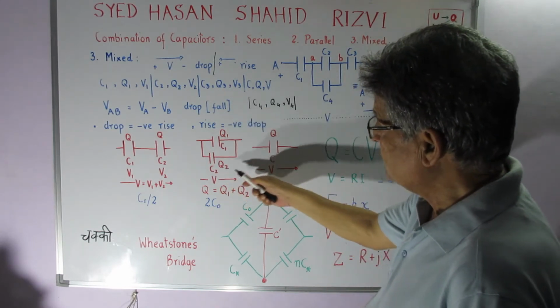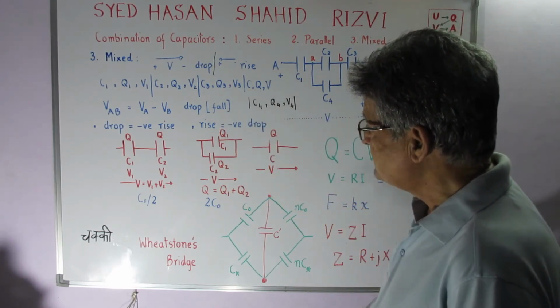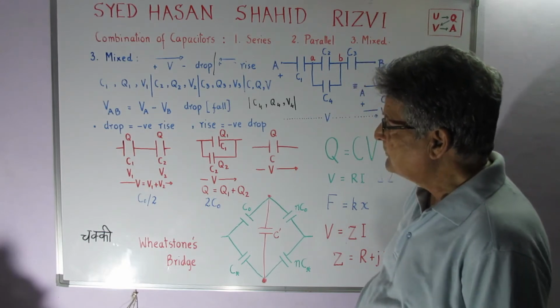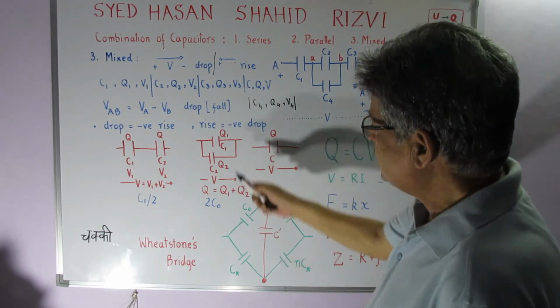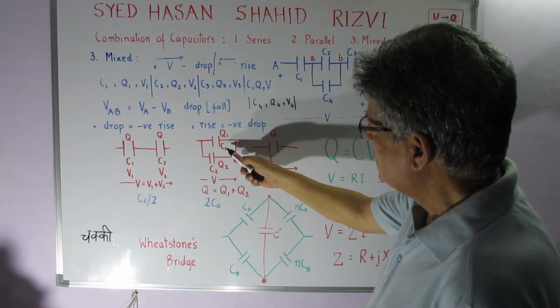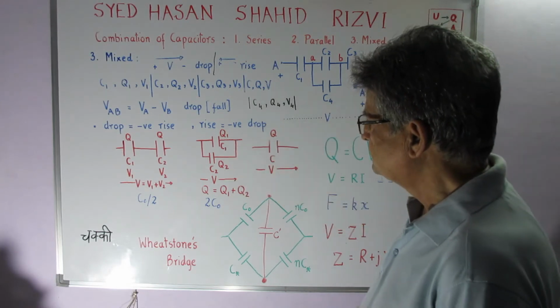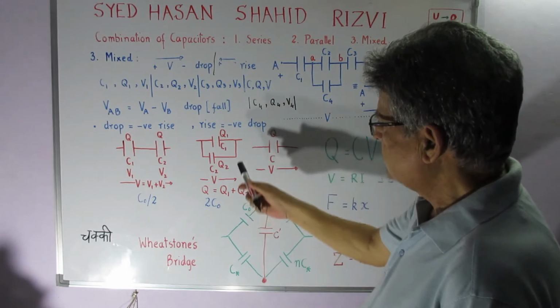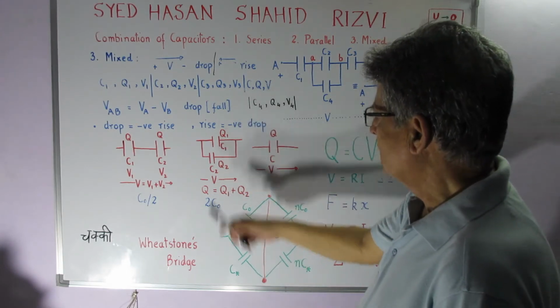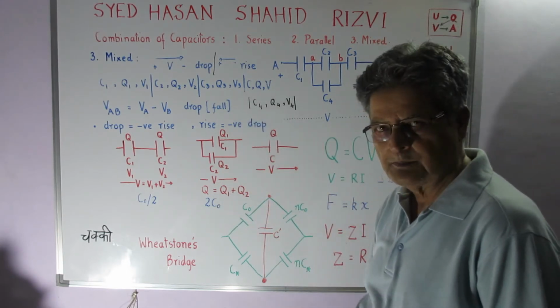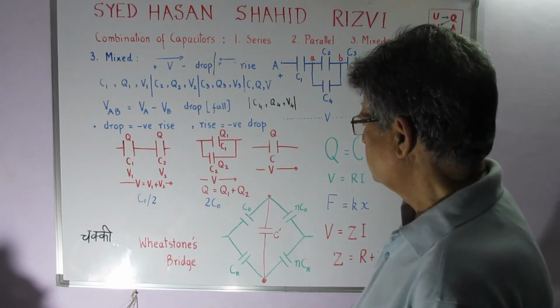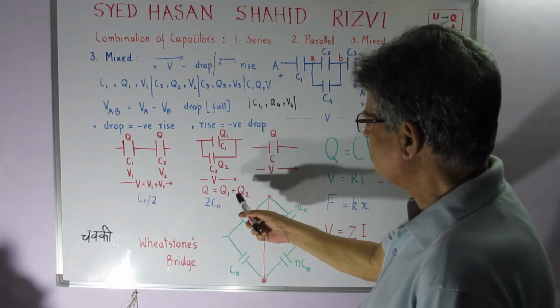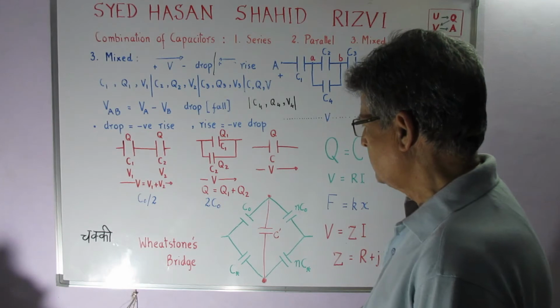And in this case, if the capacitance is C0 and C0, then what will we get? I'll get 2 C0, because C is equal to C1 plus C2 plus C3 and so on.